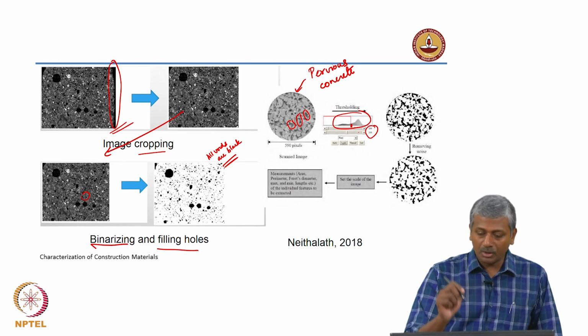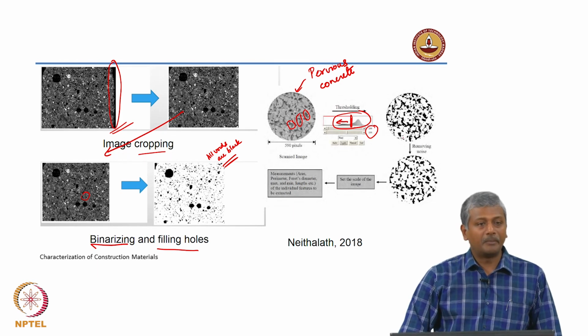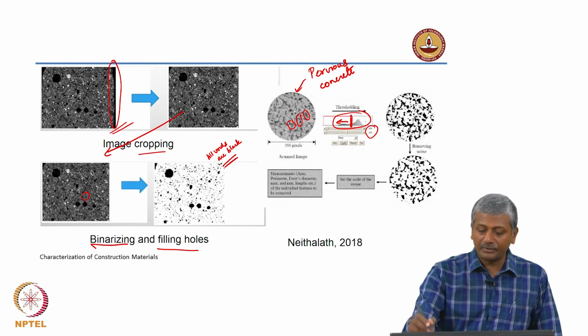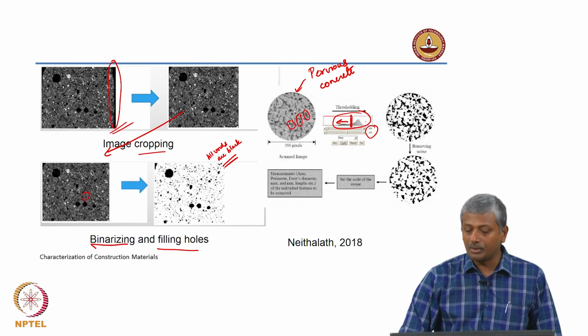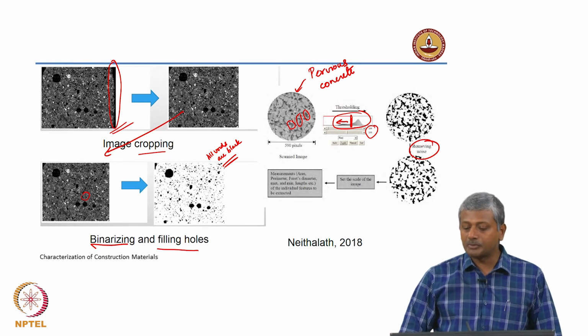If I set the threshold here, all the points to the left of the threshold become black and all the points to the right of the threshold are converted to white. That is called binarizing. Again you can remove noise by smoothing it a little bit, okay, and get this image.